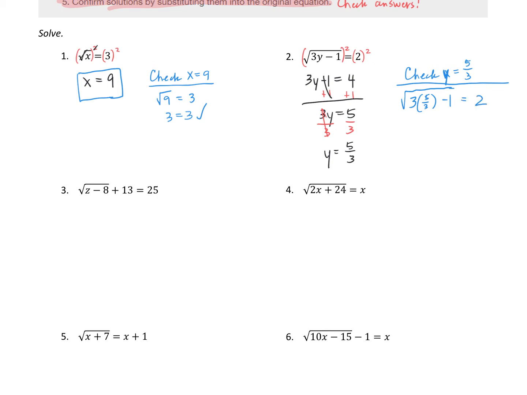And then I'm just going to see if I get a true statement. So 3 times 5/3, the 3's divide out, and that would leave me 5 minus 1 under the square root. 5 minus 1 is 4. The square root of 4 is 2. So I have the equation 2 equals 2. So that's true. So that is a solution.